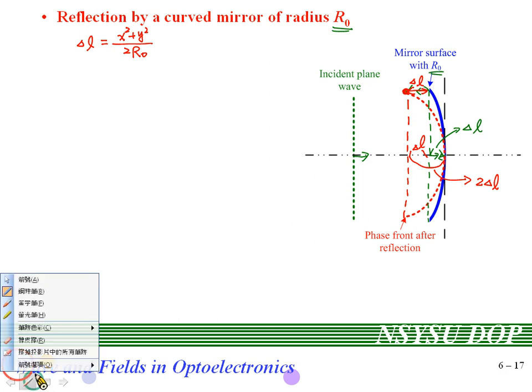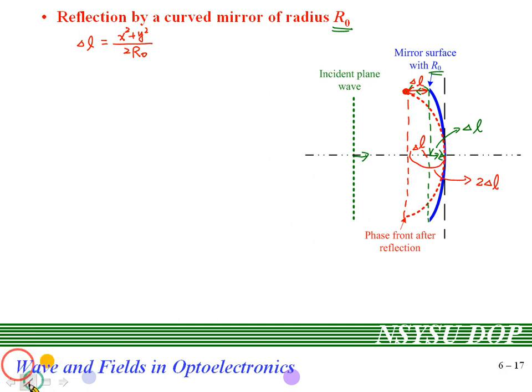So as I have told you, the total phase difference with respect to the center point for the point here can be written in this way.